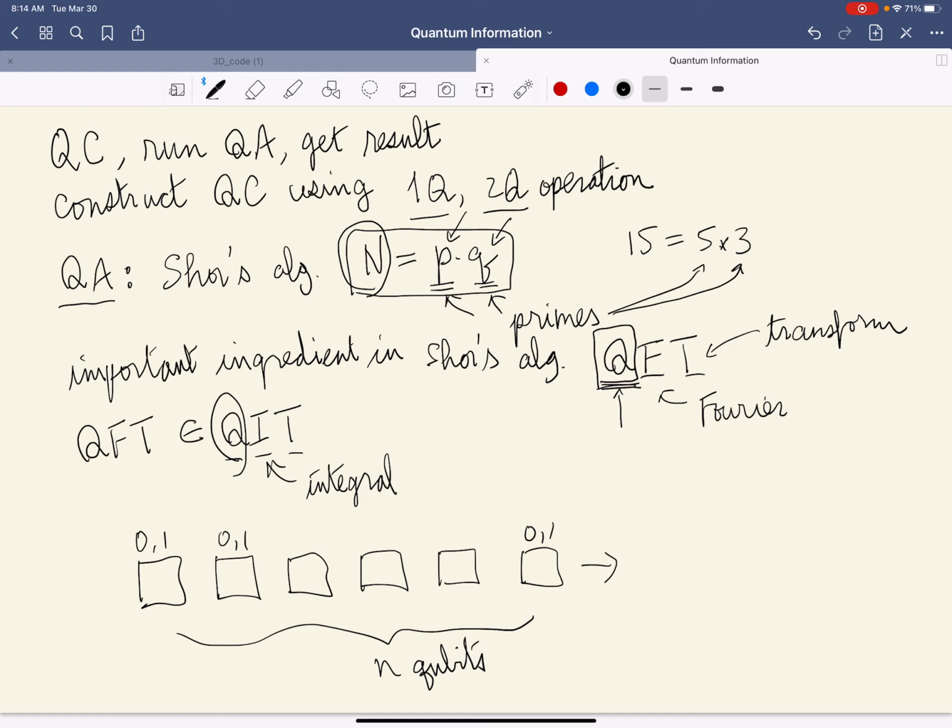The sort of number that this n qubit cluster can realize ranges from 0 all the way up to 2^n minus 1.